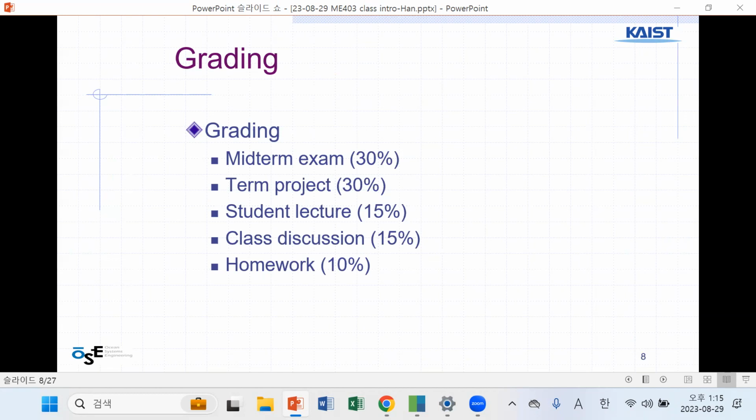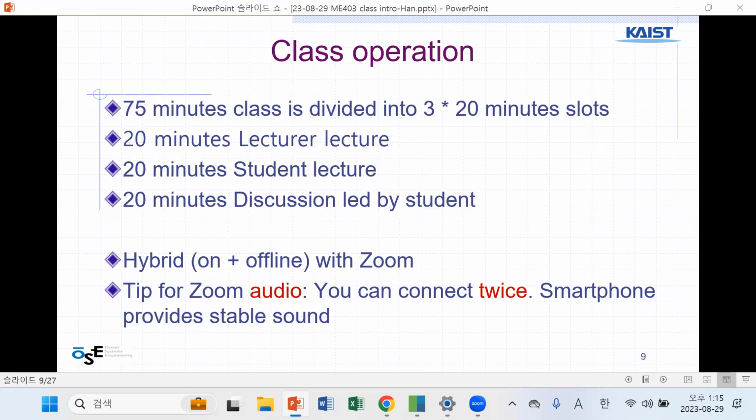And then there will be about three homework assignments at the beginning of the semester. Class operation, once again: 75 minutes, divided into three parts. The first will be given by myself, the second will be done by one of you, and then another is a discussion session led by one of you.